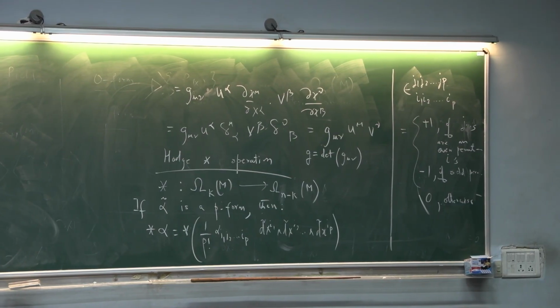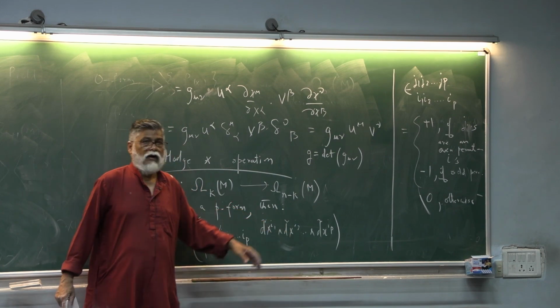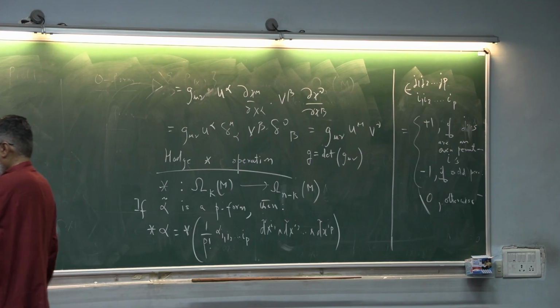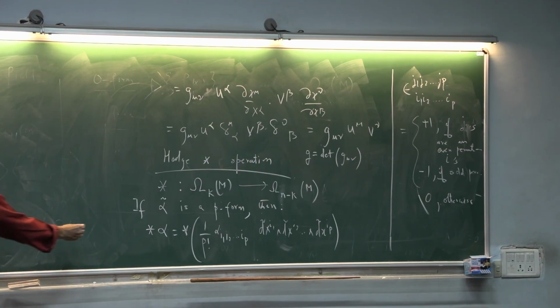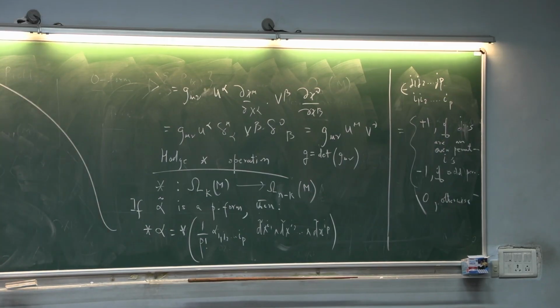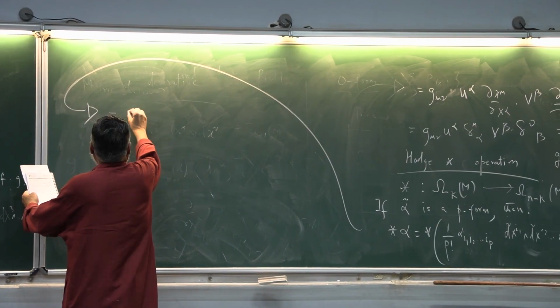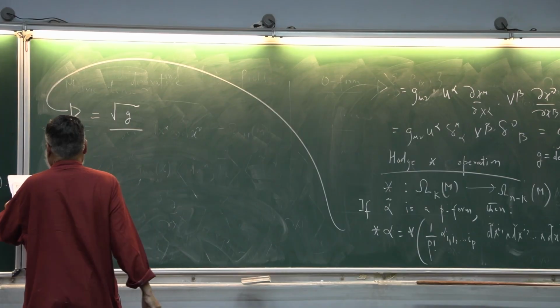By the way, although I am using the coordinate basis vectors for the one form, you can do it with arbitrary basis vectors. Star of that object is equal to the square root of the determinant of the metric tensor.